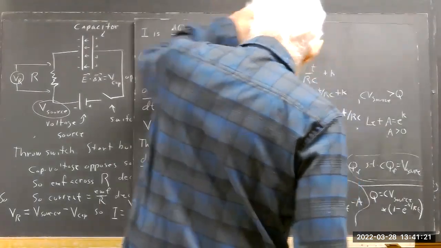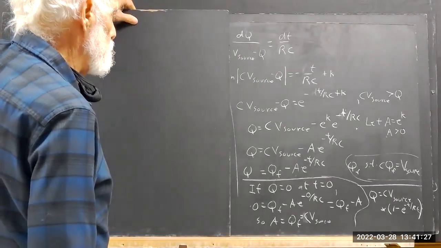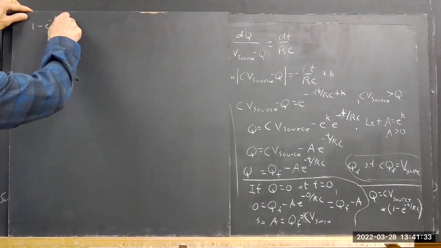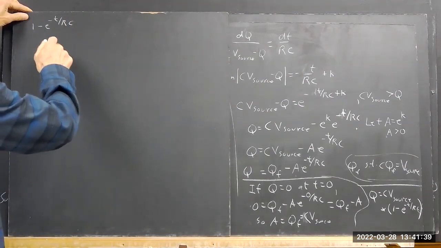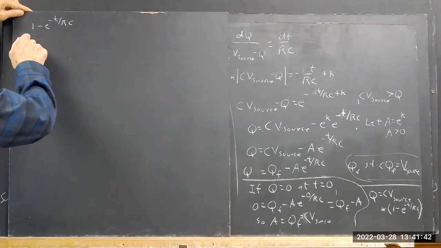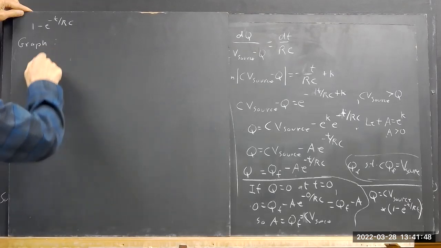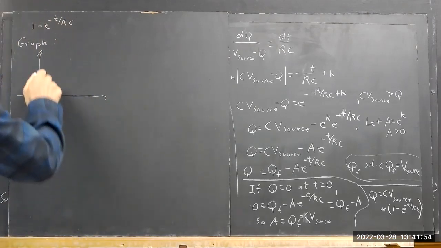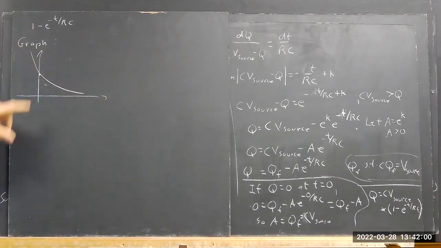Well, let's graph 1 minus e to the negative t over RC. E to the negative t over RC is going to have a curve that looks like this.